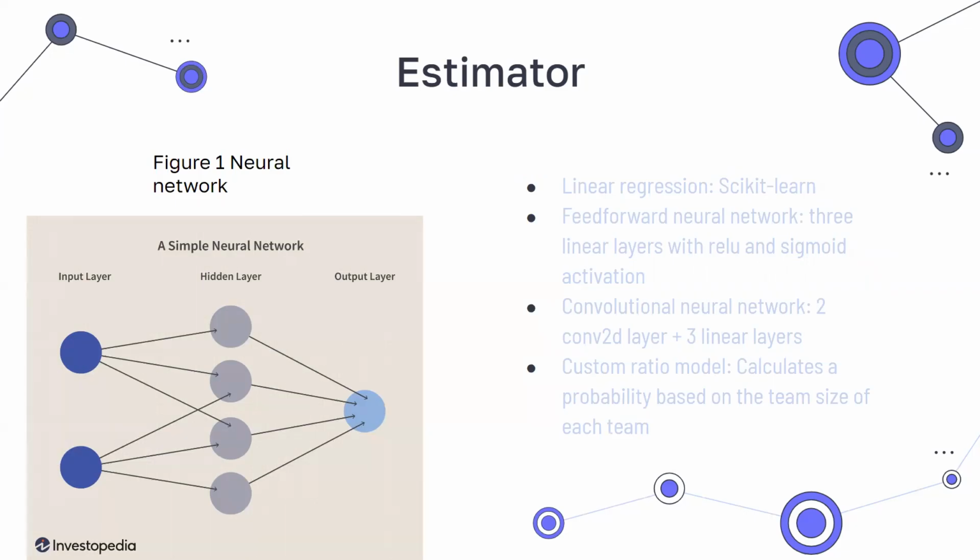As for the other models, the linear regression is just from scikit-learn, and our custom model just predicts by comparing the size of each team and using a simple ratio to see who wins.